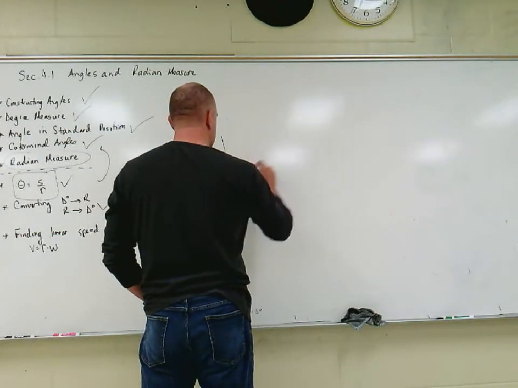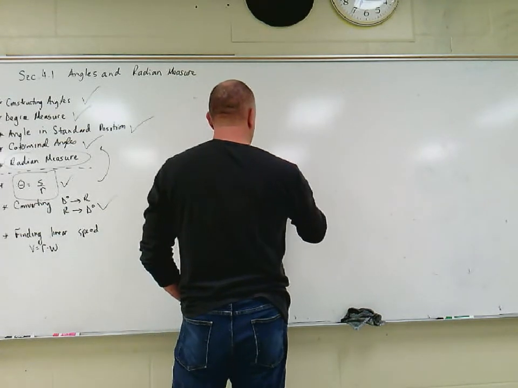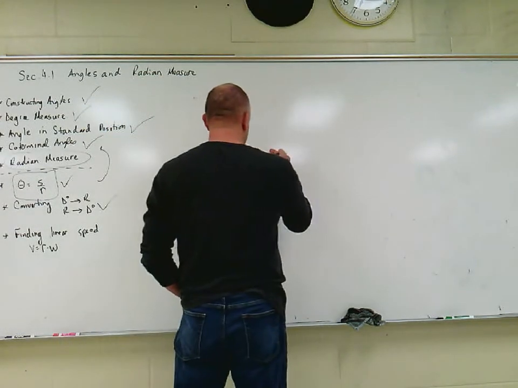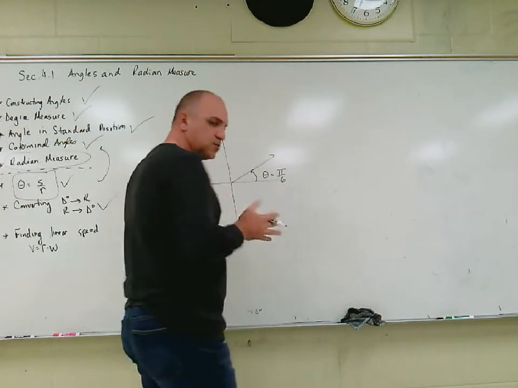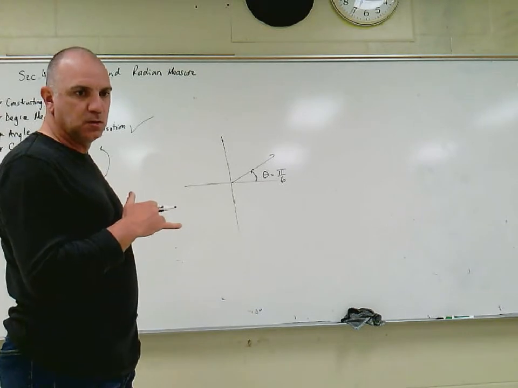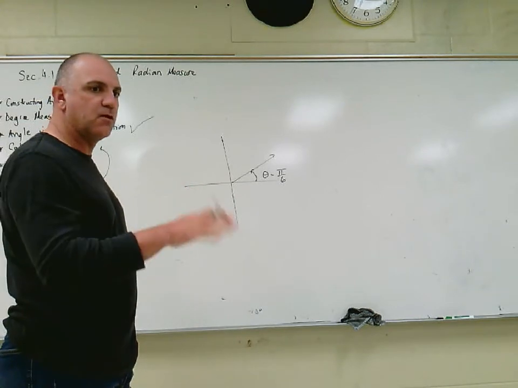Let's just say here's our angle, pi over 6. We want to get 2 coterminal angles, one positive, one negative, but we want to leave it in radian measure.